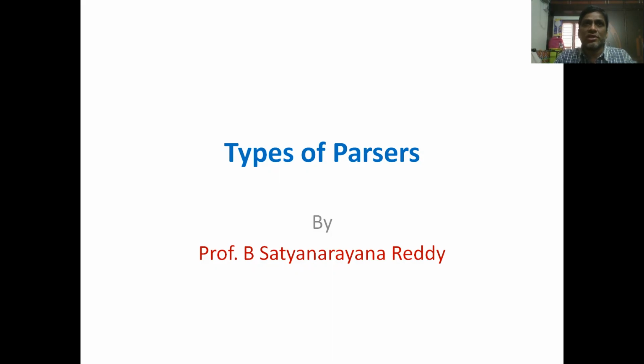And also, we discussed how to remove left recursion and how to convert a grammar into left factored grammar, which are very useful while designing the parsers at a later stage.